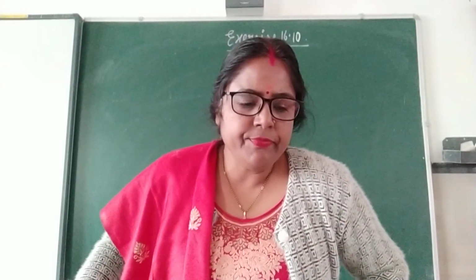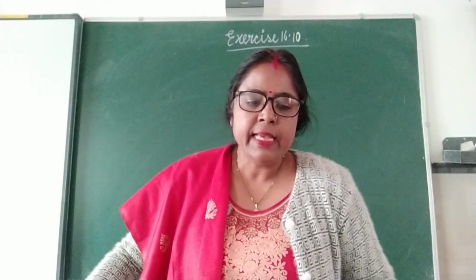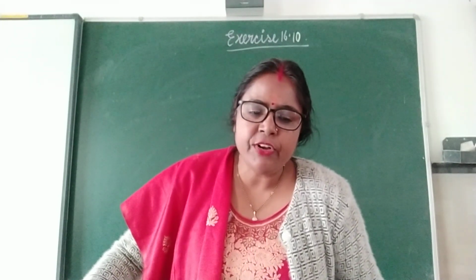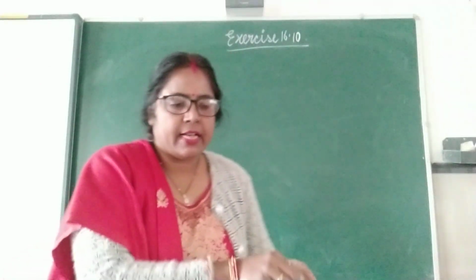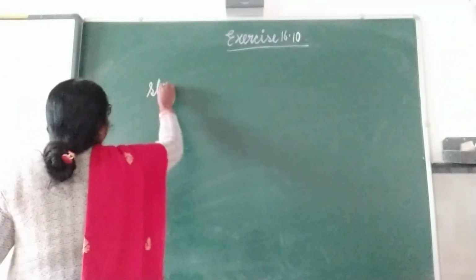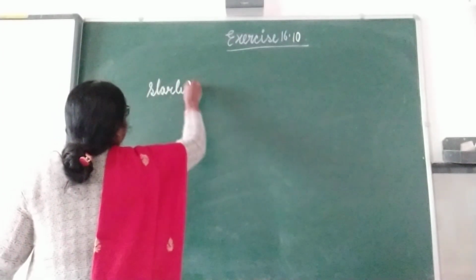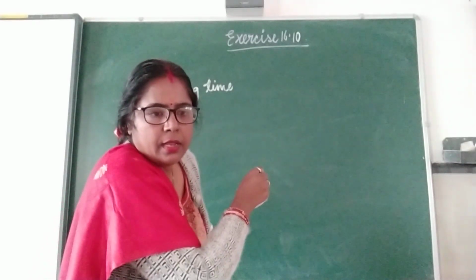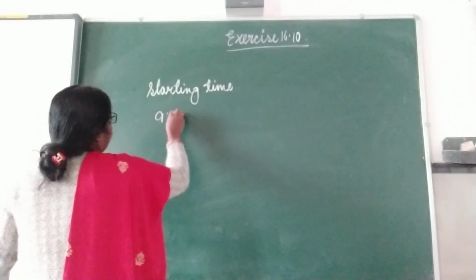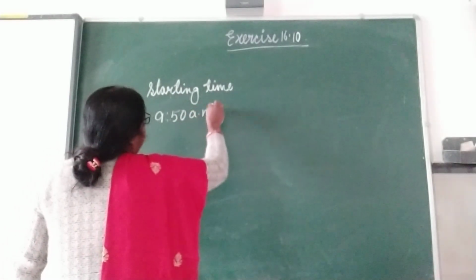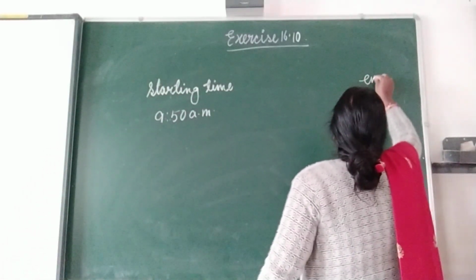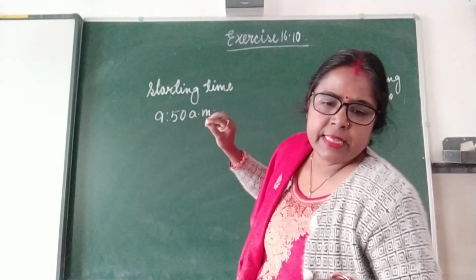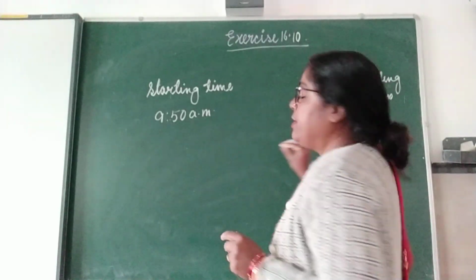Solve the following word problem. The first question is: on 26 January, the Republic Day parade started at 9:50 am and ended at 11:20 am. How long did the parade last? So the starting time is given here, 9:50 am, and the ending time is given here, 11:20 am.